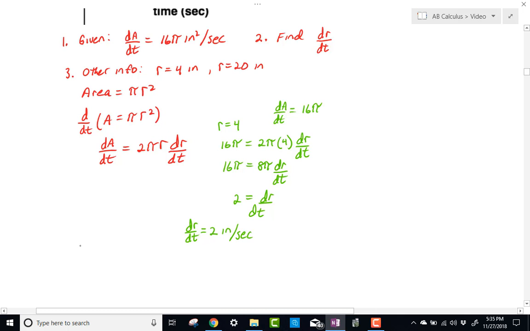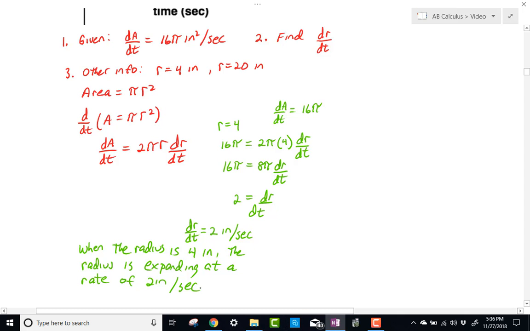What that means is this: when the radius is 4 inches, the radius is expanding, getting bigger, whatever you want to call it, at a rate of 2 inches per second.